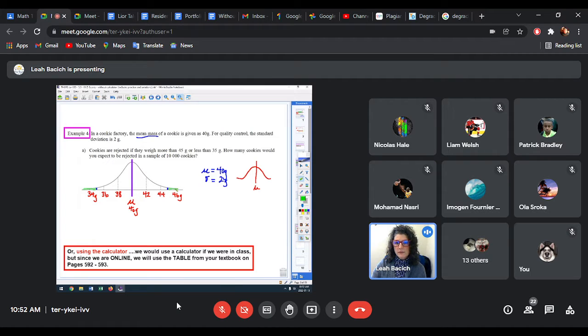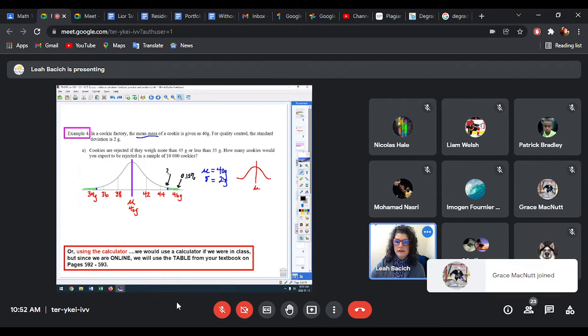Well, I can get a little bit of a ballpark here so that I know what I'm dealing with. I know this last guy is 0.15%, and I know this guy total is 2.35%.